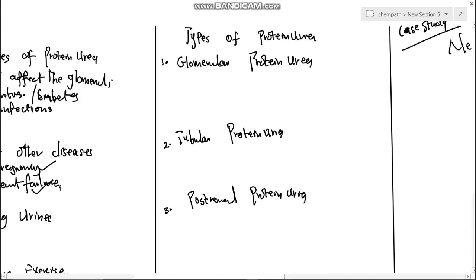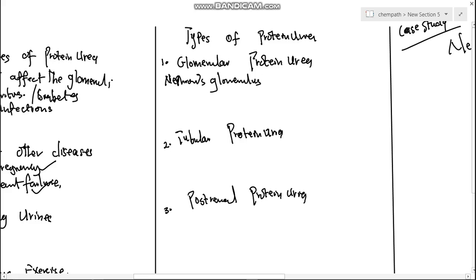Now, there are basically three types of proteinuria. We have glomerular proteinuria, tubular proteinuria, and postrenal proteinuria. The glomerular proteinuria is the filtration of macromolecules such as albumin. When we talk about glomerular proteinuria, we are talking about the nephron's glomerulus.